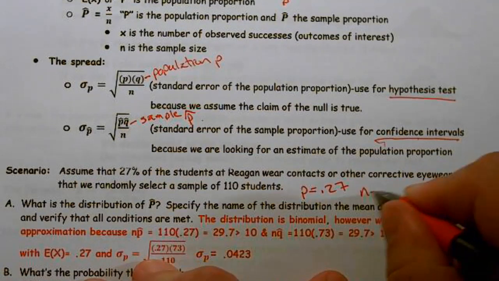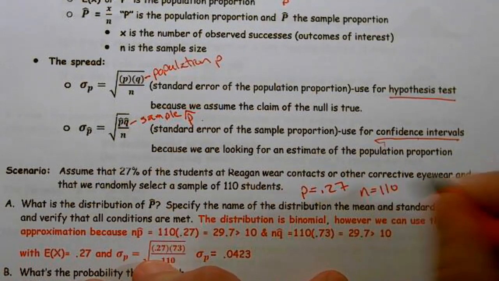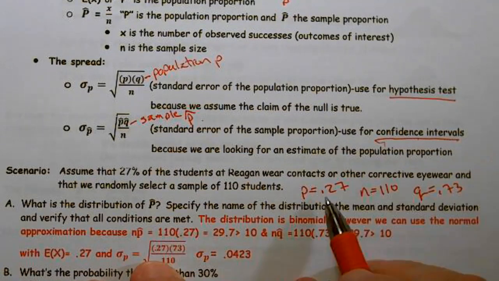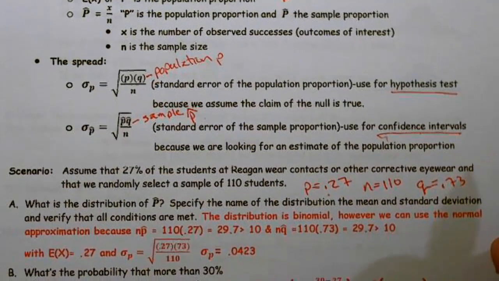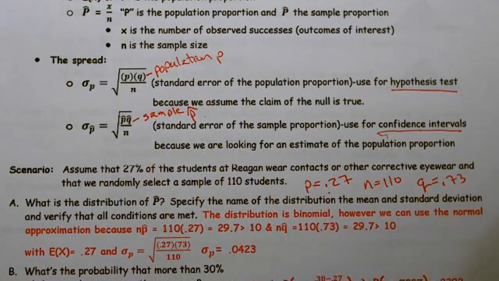And we have an N of 110, and if P is 0.27, then Q is going to be 0.73, which is just 1 minus 0.27. So specify the name of the distribution, etc. Well, the name of the distribution would be the binomial. However, we can use the normal approximation. It approximates the normal.